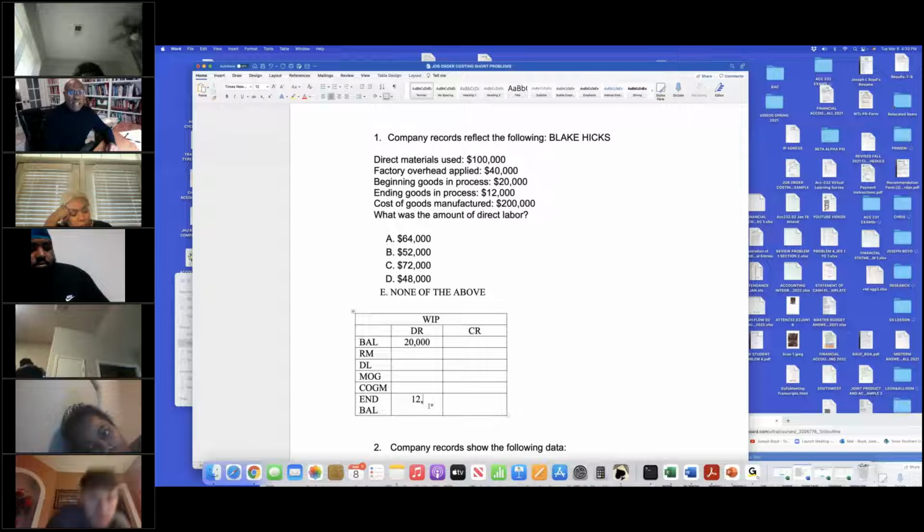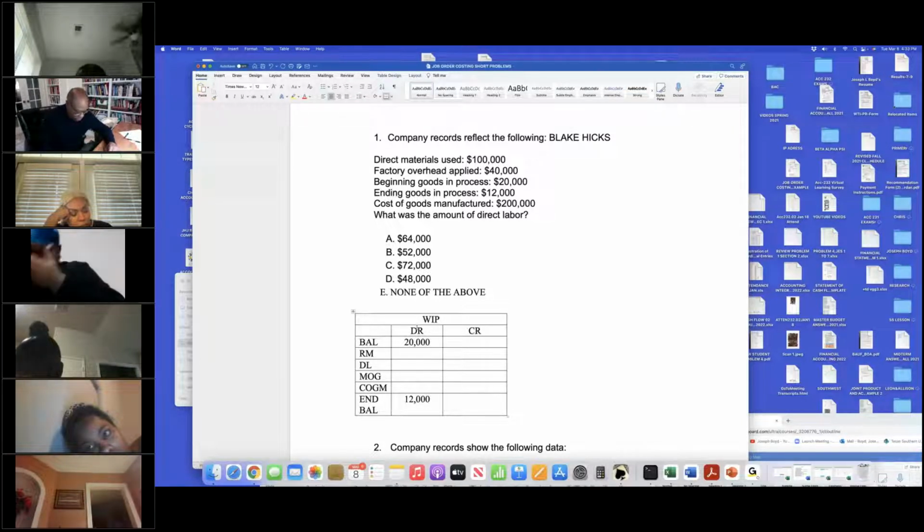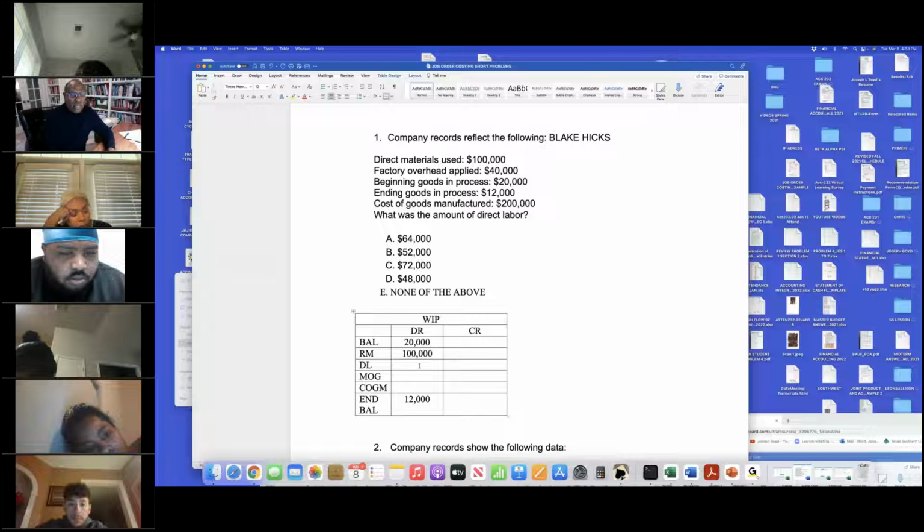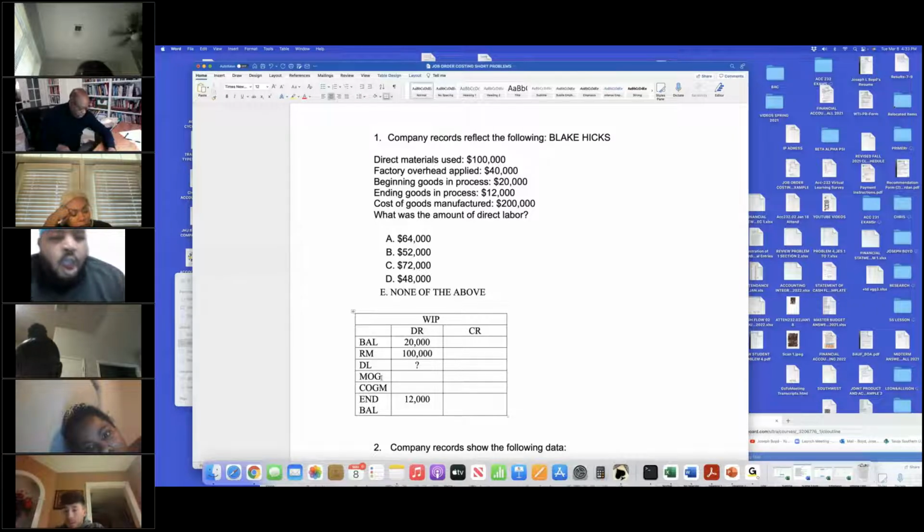It tells us that the direct materials are 100,000. It's asking us to find direct labor, so that's the question mark. Then it tells us the manufacturing overhead, MOH, was 40,000.